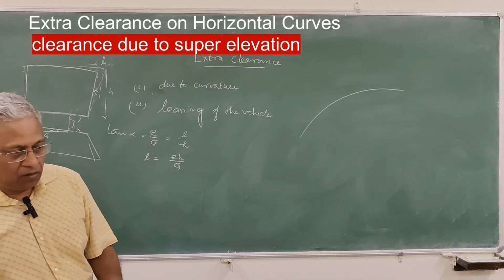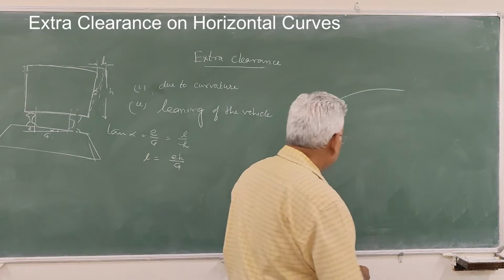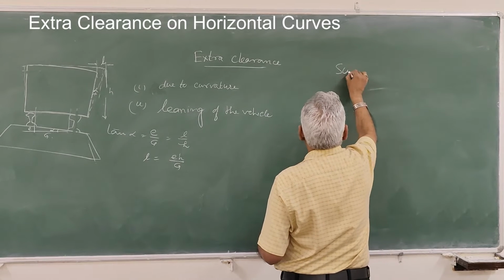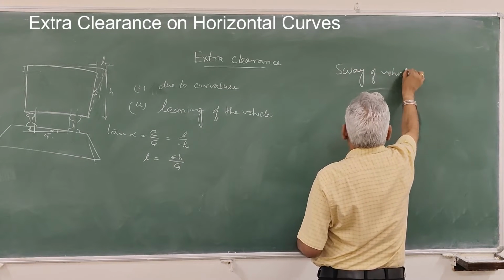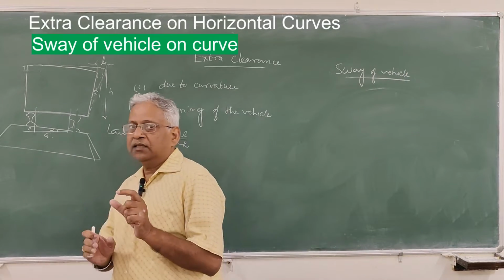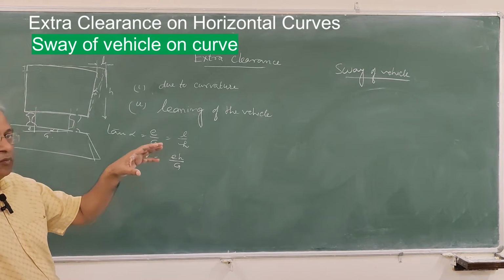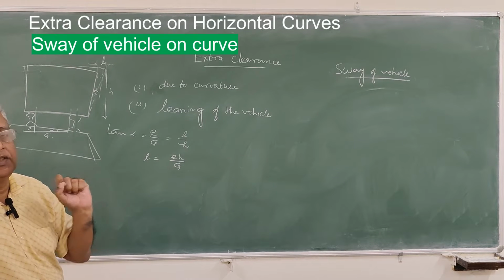Then the third one is the effect of sway of the vehicle. Now, while discussing the cant and cant deficiency, I told you that we provide the super elevation on a horizontal curve corresponding to equilibrium speed.